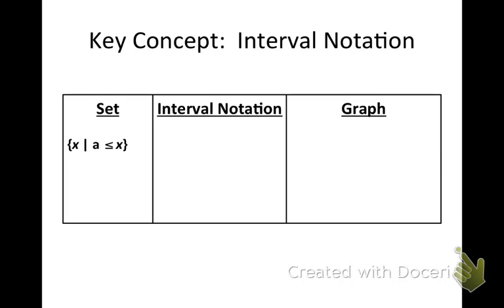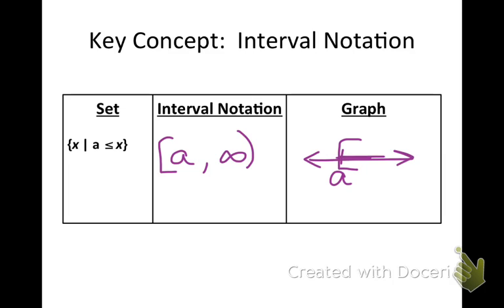My starting point is at A. Because it is including A, I'm going to use a bracket. And remember, infinity always will have a parenthesis. So we're going from A to positive infinity. What does that look like as a graph? At A, bracket, shade to the right.